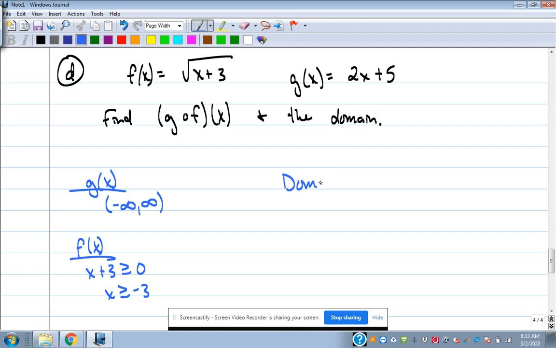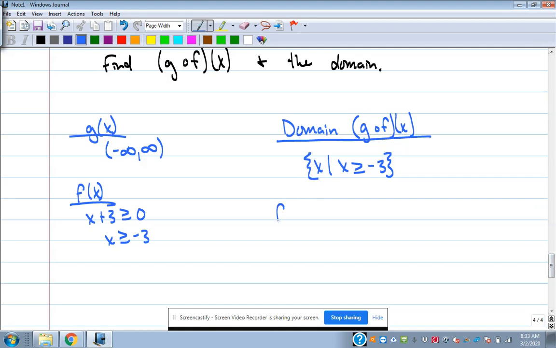So the domain of our composite function, g composed with f of x, the only restriction is that x has got to be greater than or equal to -3. And then to find that composite function, g composed with f of x, we take the f of x function and put it into the g of x function.